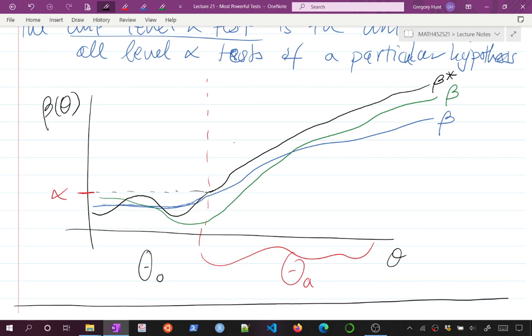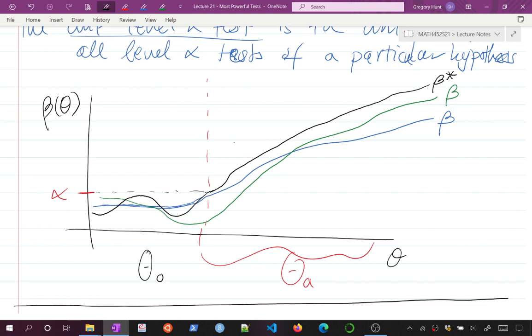The reason we restrict ourselves to a class of tests is that there is generally no best test overall, for the same reason there's no best estimator. You want something that is best at all possible theta, and that's not generally possible unless you put some restrictions. One restriction is that if I restrict the size or the level of the test, say to be alpha, then in some cases I can get the best test.